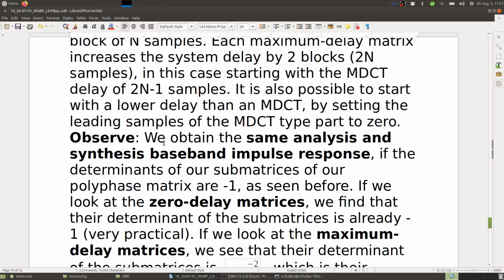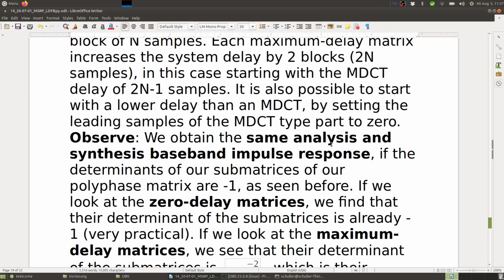Here, observe, we obtain the same analysis and synthesis baseband impulse responses if the determinants of our submatrices of our polyphase matrix are -1 as seen before. Right? So that's again convenient for design. So this is what we can still apply here.